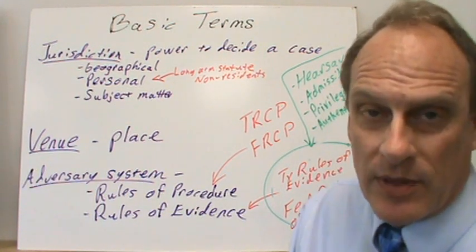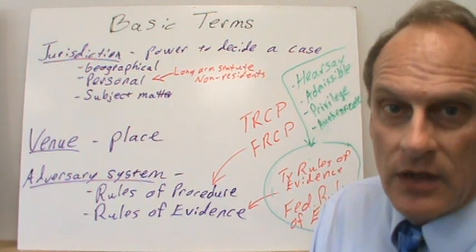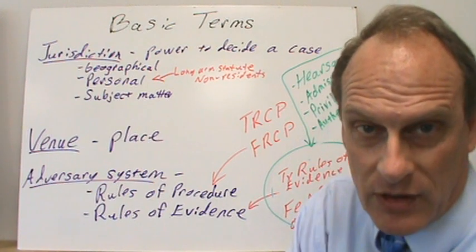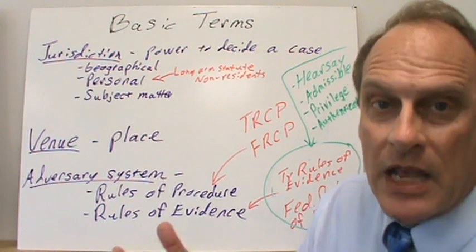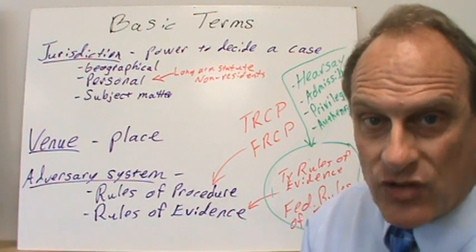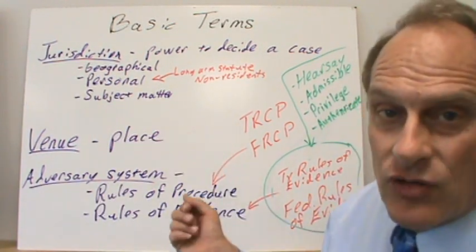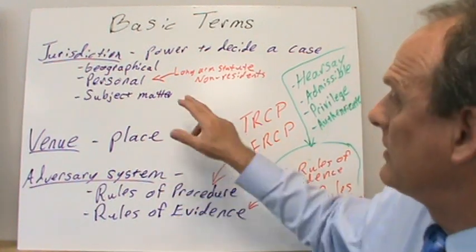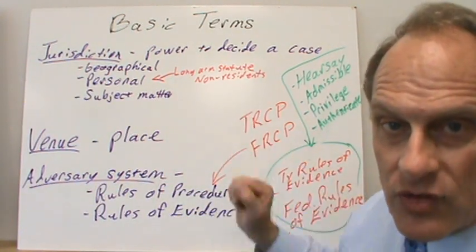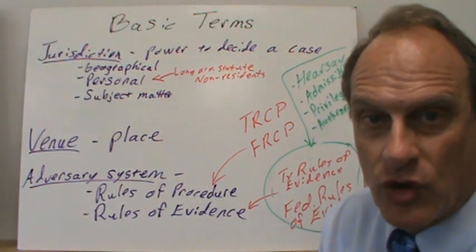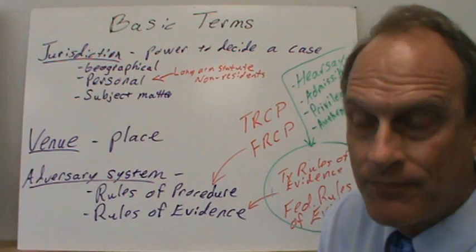It's not a problem if the non-resident comes into the court to file a lawsuit against a resident, because the non-resident has subjected themselves to the jurisdiction of the court. But what about a plaintiff suing a non-resident? Well, sometimes that is allowed, and that's where we have things called long-arm statutes, laws that say when a non-resident is subject to the jurisdiction of a court.